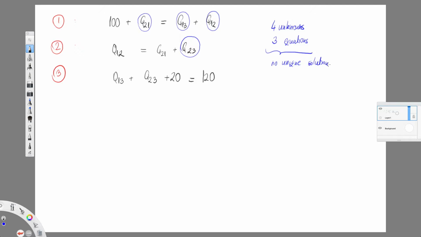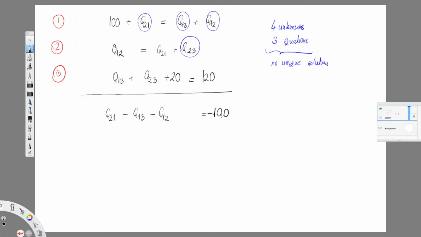So let's set this up into a form that we can actually solve. I'm just going to reorganize them a little better. Q13 minus Q12 is equal to minus 100.